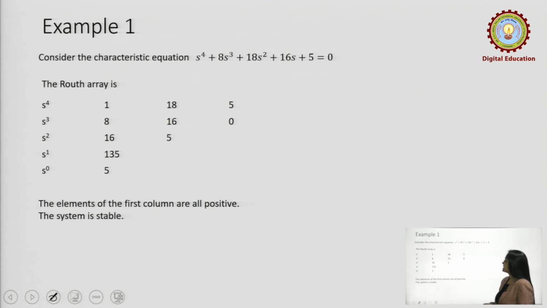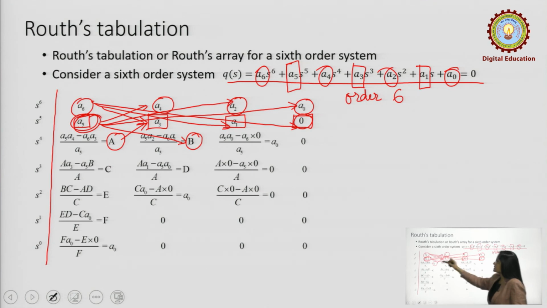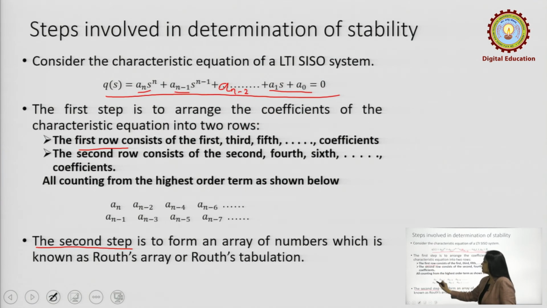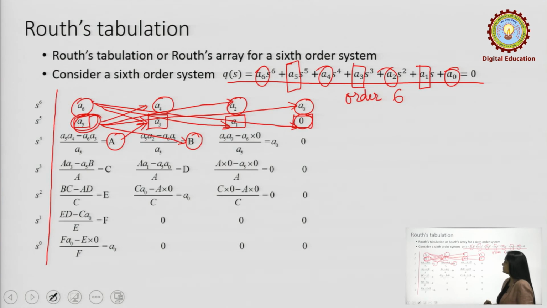Let us take one example here. We have a characteristic equation s raised to 4 plus s cube plus 8s square plus 16s plus 5. Now, arranging the table in this form, the first step is to write the first and the second row.